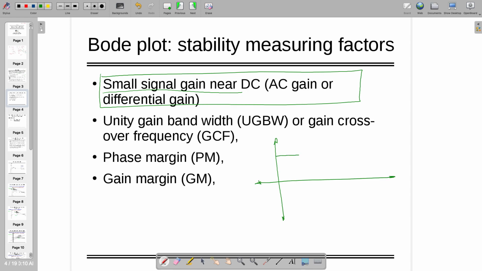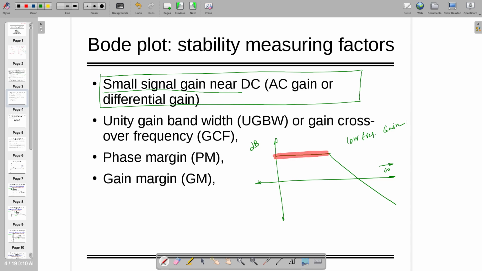So if I am drawing such a Bode plot, this red colored highlighted area is small signal gain, it's AC gain, it's differential gain, it might be low frequency gain, right? All are synonyms. So any one of the names you can call it.